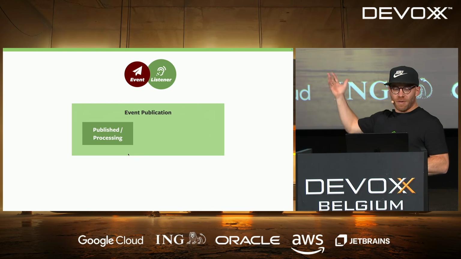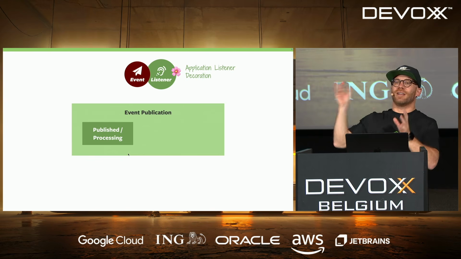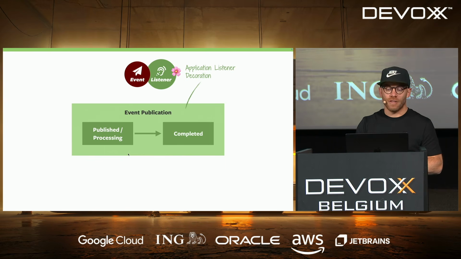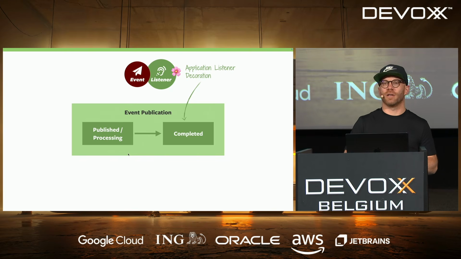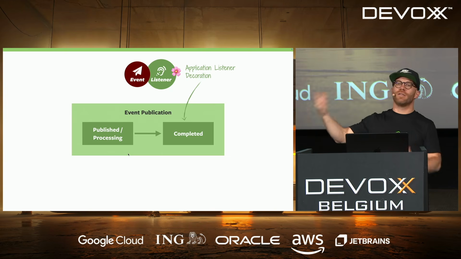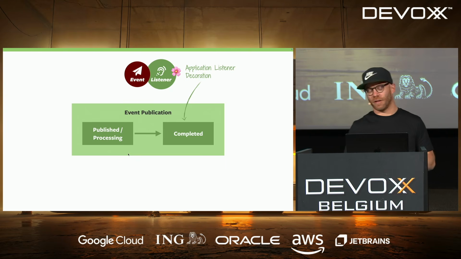We mark the event publication as published and processing, and then there is some decoration of the event listener going on that will eventually, when the event listener has done its work, mark that event publication as completed, right? That means that even if the listener fails, you still have a record of, oh, we still need to invoke that thing.